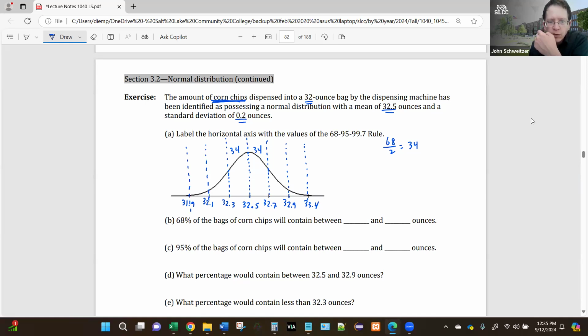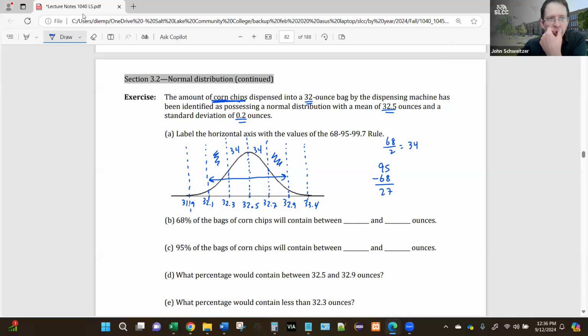Okay, so if I go 2 standard deviations out, I'm not going to pick up another 68%. There's not 68% left, but I will get up to 95, right? So 95 minus 68 is 27, right? So in this region and in this region added together, that's going to pick me up another 27% of the distribution.